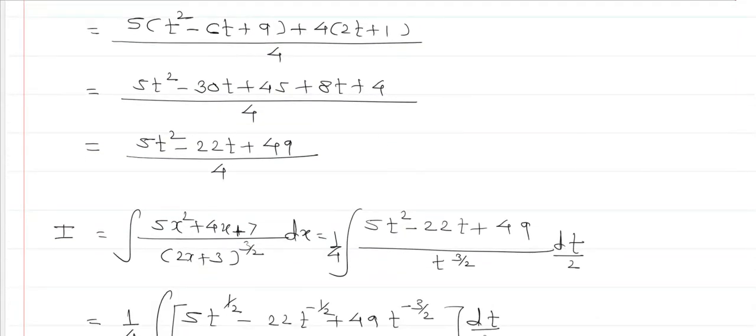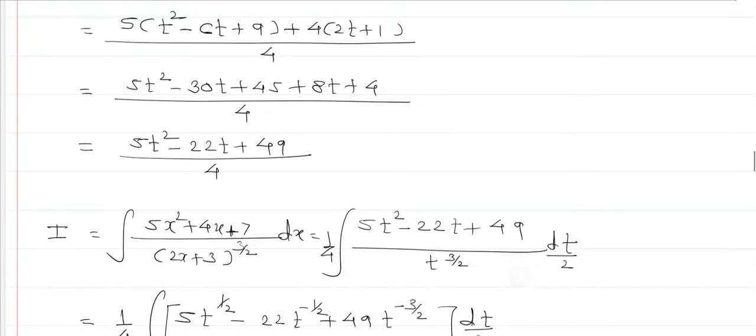Now, again I will write here. This is the big expression 5x square plus 4x plus 7.